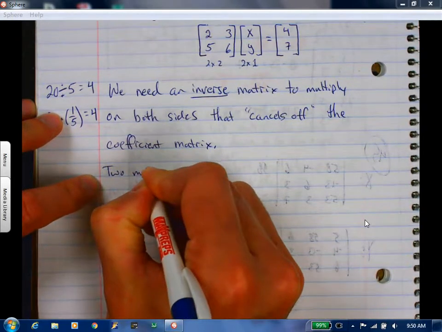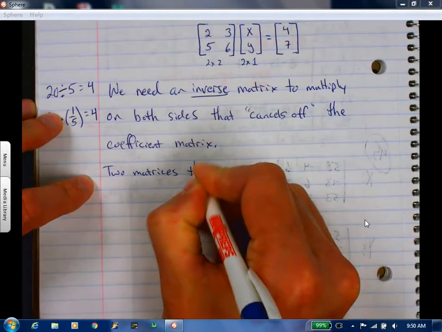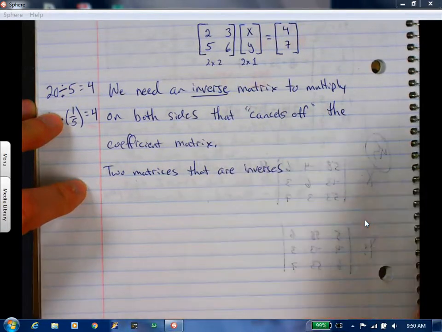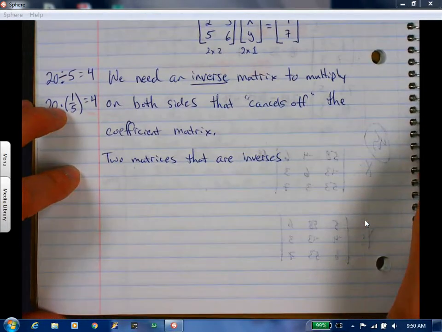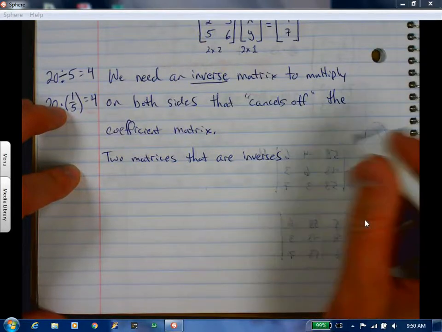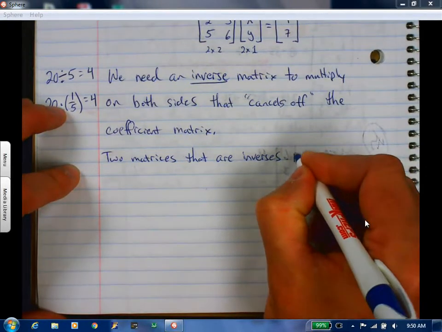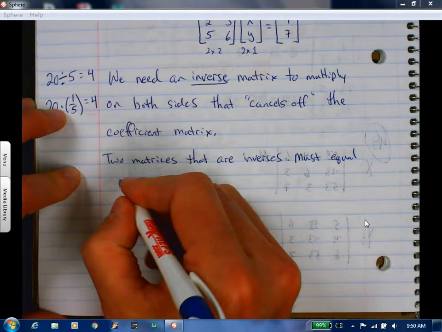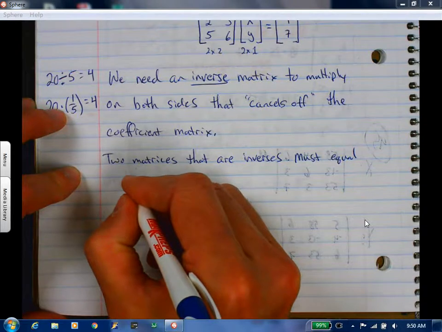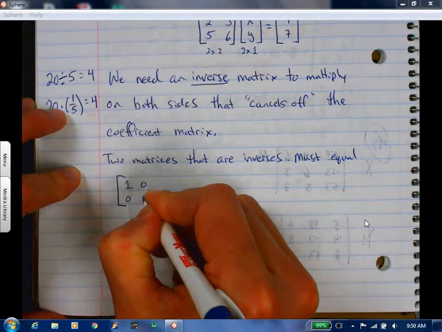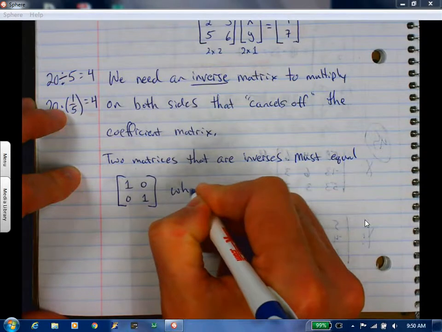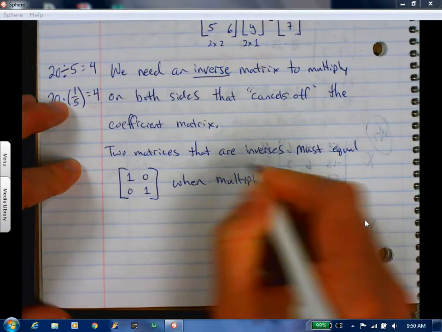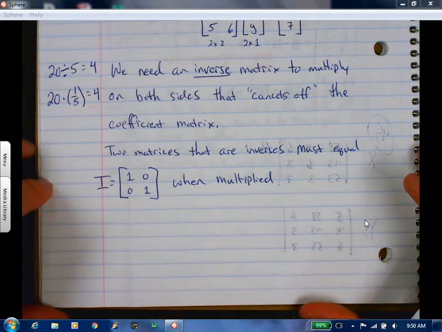Two matrices that are inverses must equal, here it is, 1, 0, 0, 1 when multiplied. So let's say identity equals 1, 0, 0, 1.